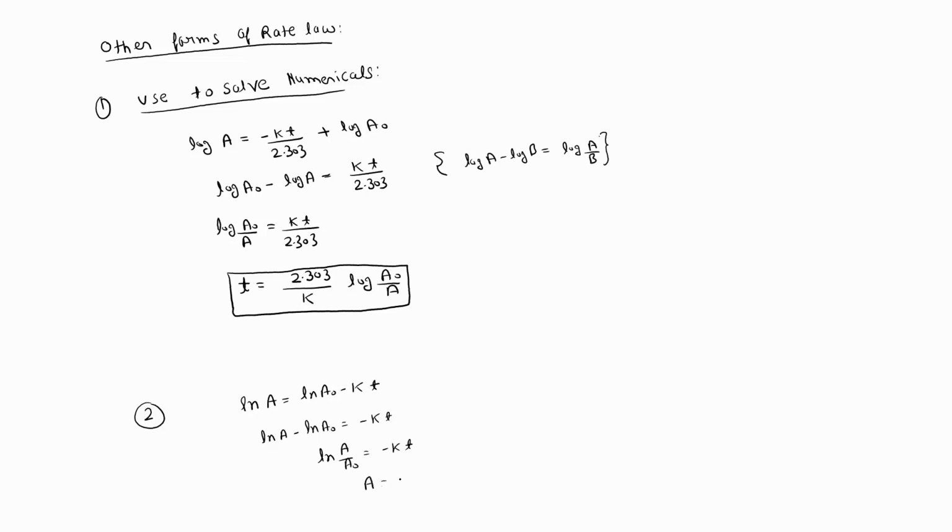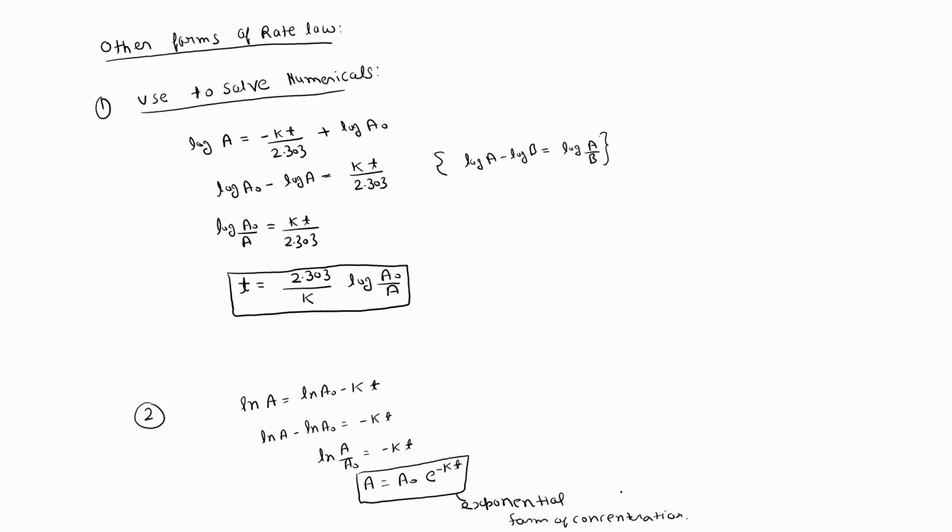So A is equal to A naught e to the power minus KT. Okay. So this is the exponential form of concentration.